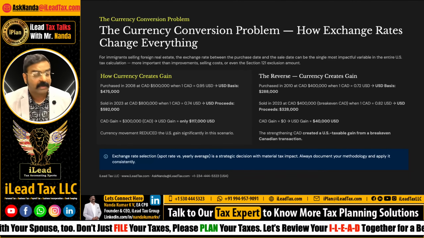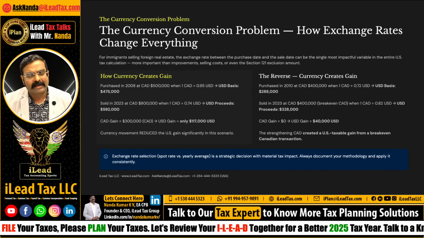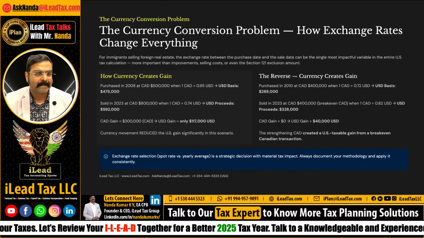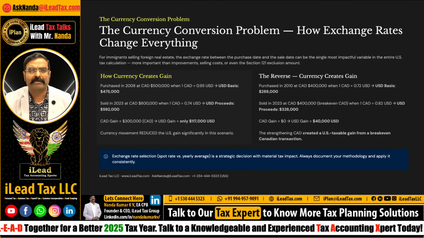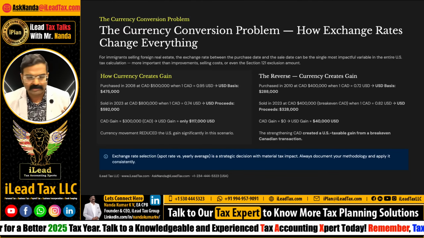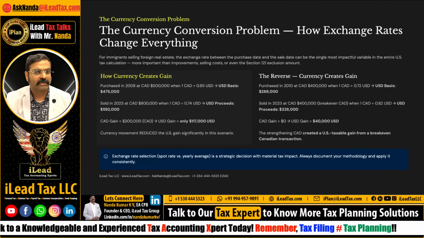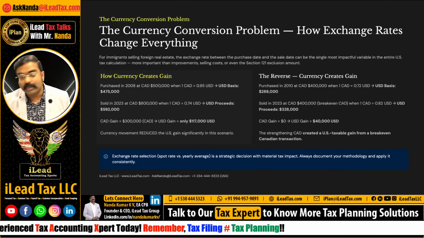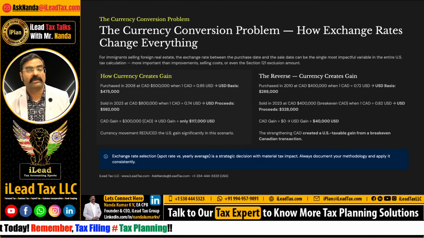The currency conversion problem. See here, scenario A: currency reduces your US gain. You bought a home in Canada in 2008 for 500,000 Canadian dollars. At that time, 1 Canadian dollar was worth 0.95 US dollars. So your USD basis was $475,000.